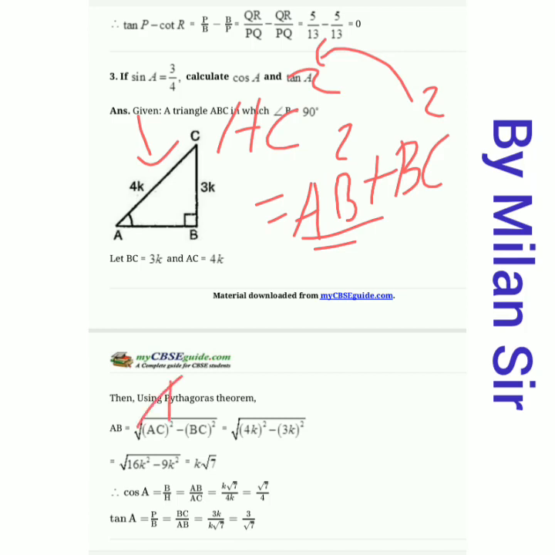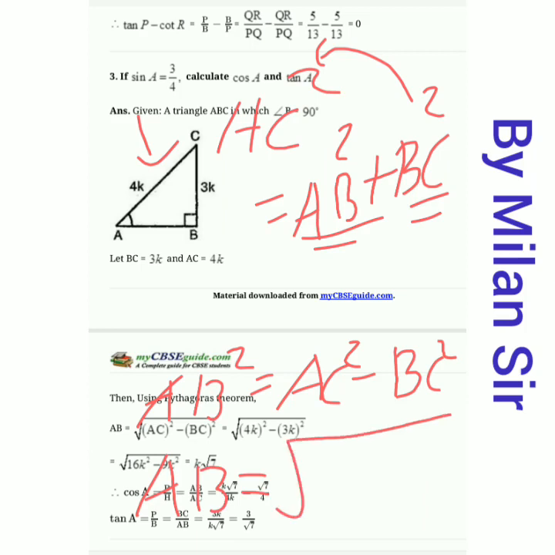AB square equals AC square minus BC square. Then for finding AB, take the square root on both sides. So AB equals under root of AC square minus BC square. This formula we use here.